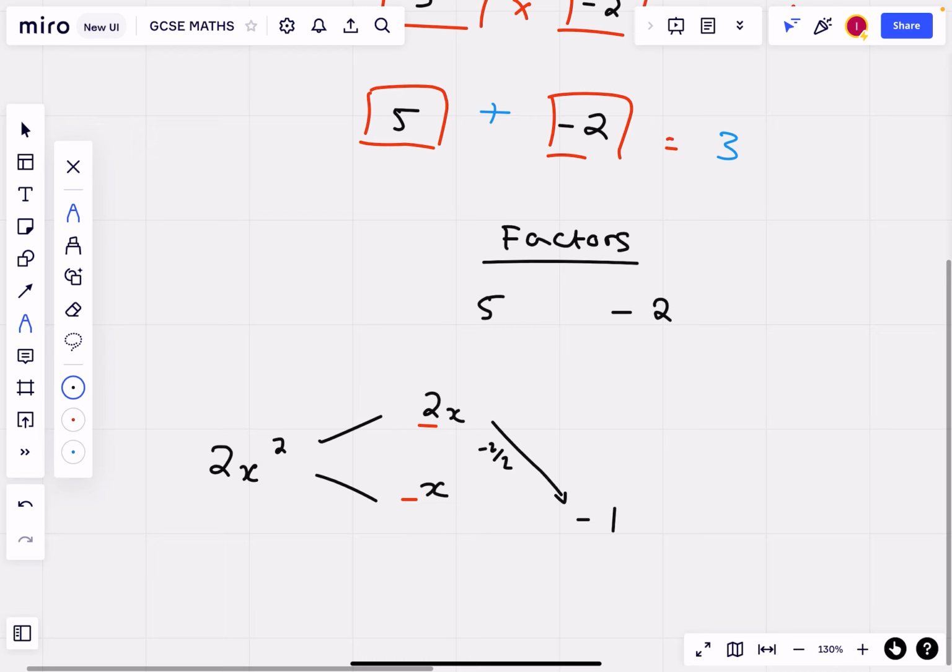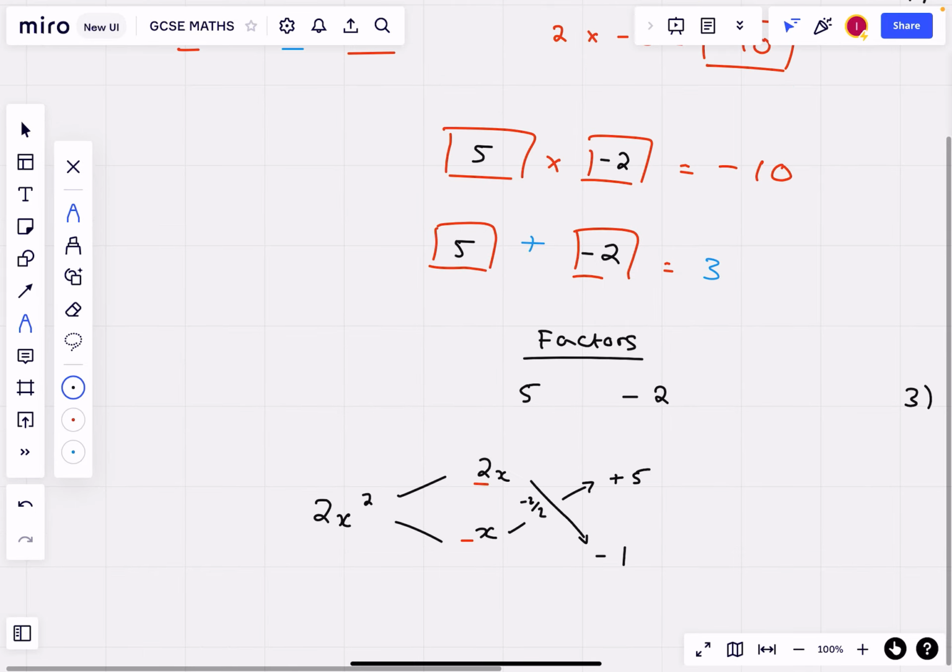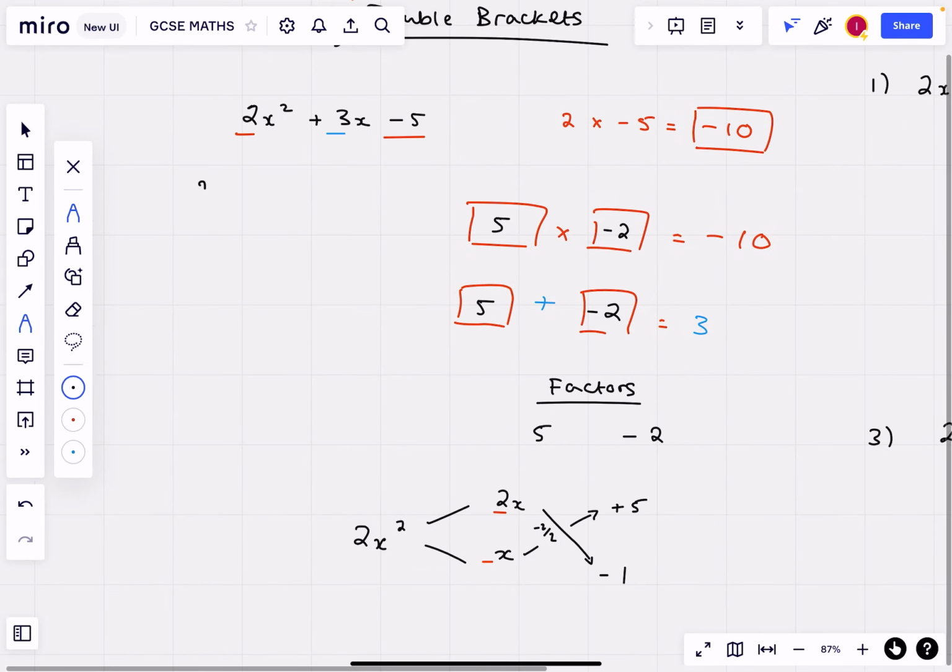Okay? And whatever's left, 5 in this case, I'm going to write opposite here, plus 5. There we go. That's factorized, because now 2x plus 5 and x minus 1 are my brackets.